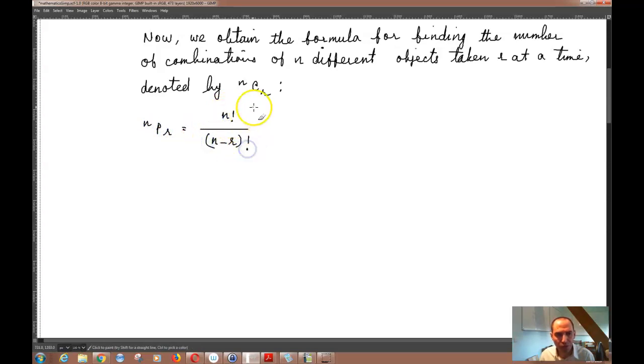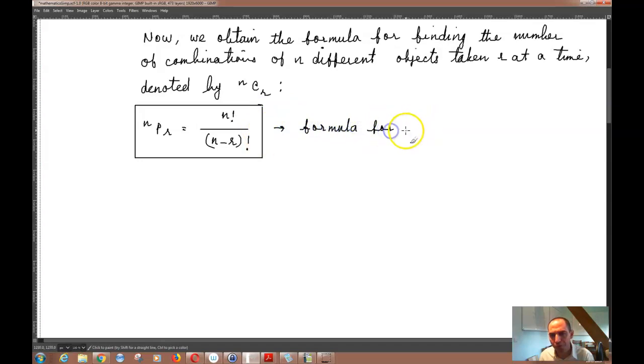So we can use this formula for permutation in order to decide that. Okay, so now let's see how we can find the formula for combination.